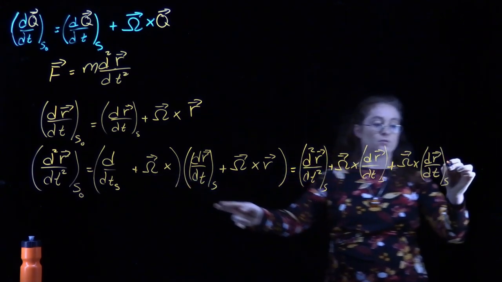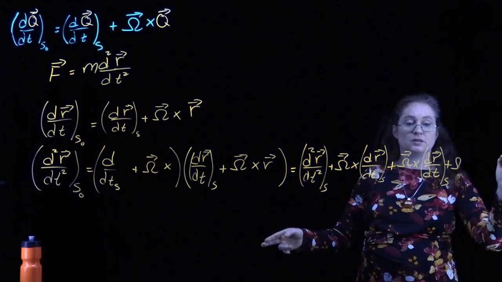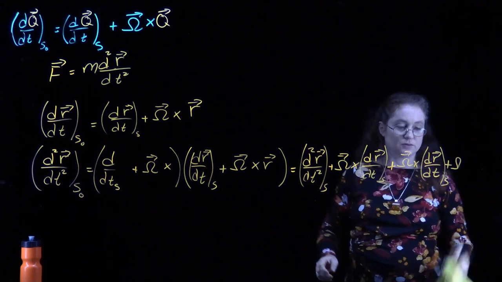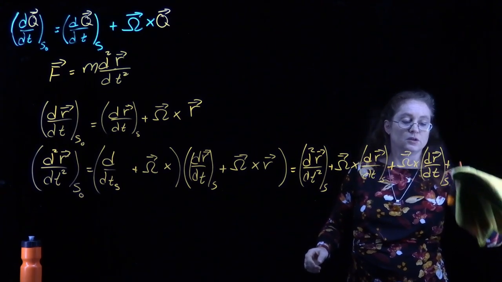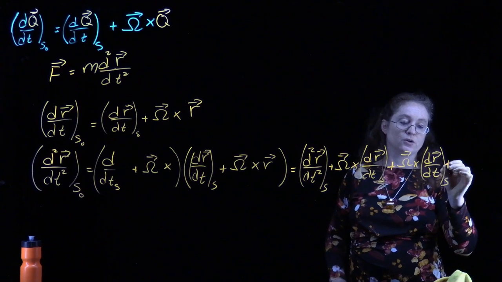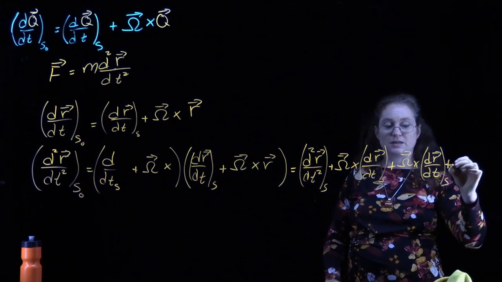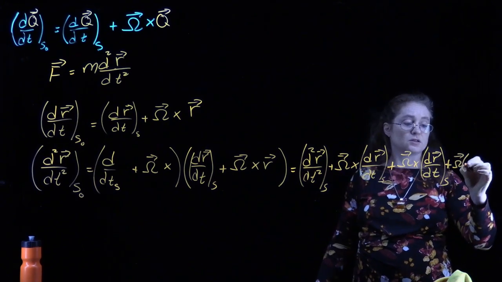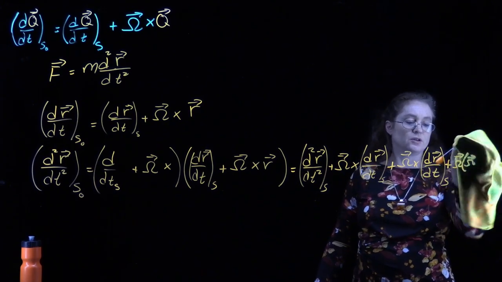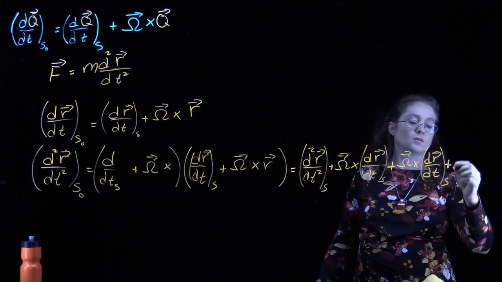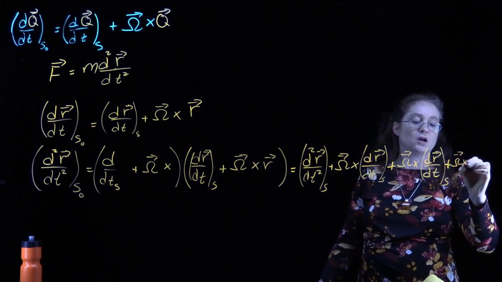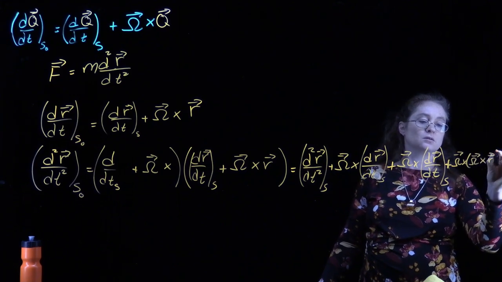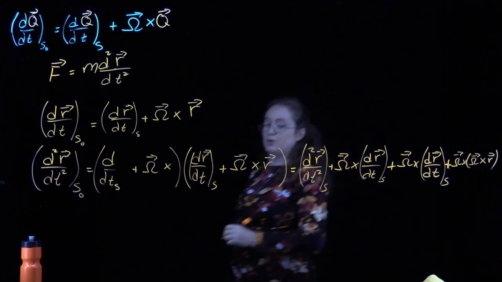And then here we get, let me see, I have until here. So this screen goes a little bit further than you guys can see, but it doesn't do me any good if you can't see it. So omega cross omega, I haven't drawn the cross. Omega cross omega cross r. Okay.